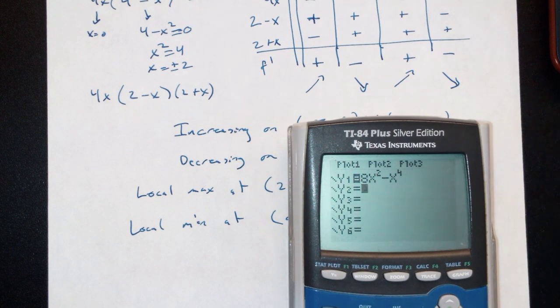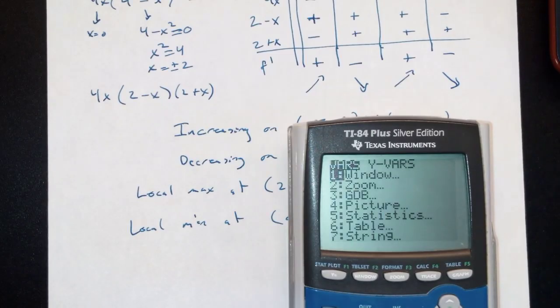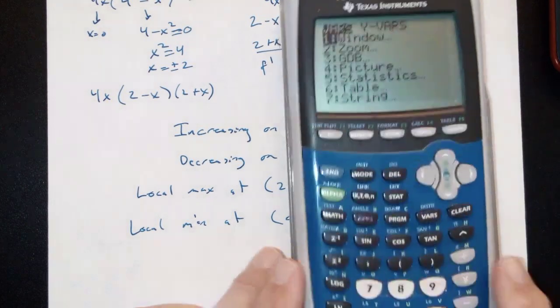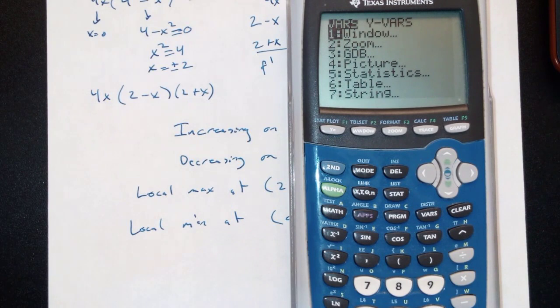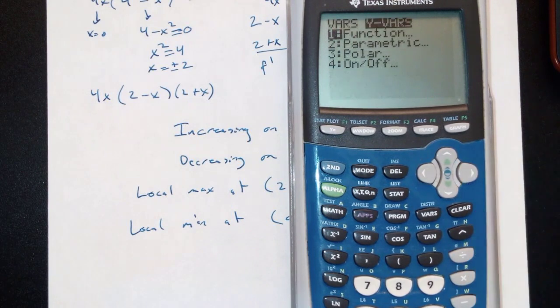I'm not going to graph. I'm going to quit from here out to the home screen. And I'm going to tell the calculator, plug in 2. Under the variables button, which is right here, that second column says y variable. So if I hit the arrow, it gives me a chance to look at all the y values I've got.